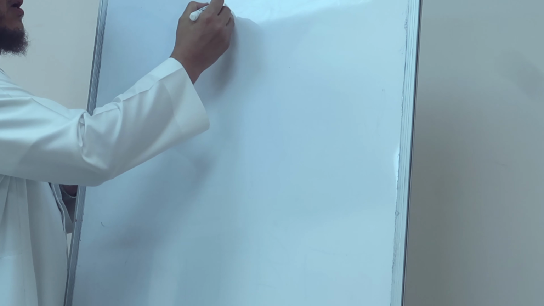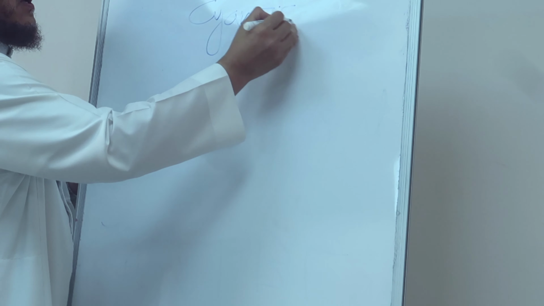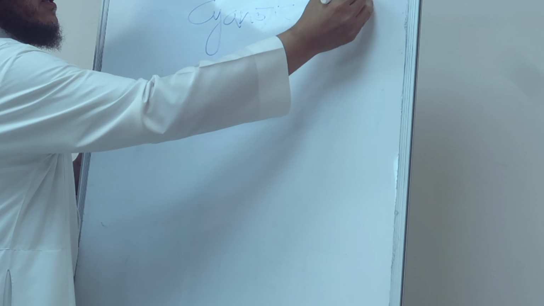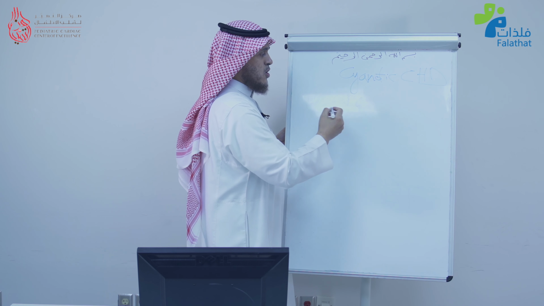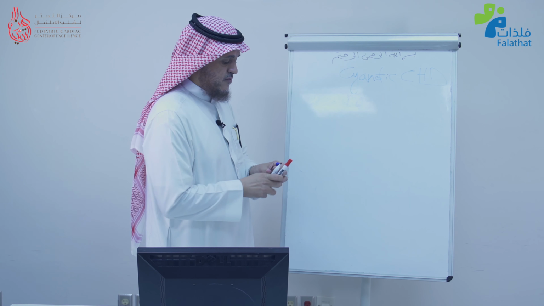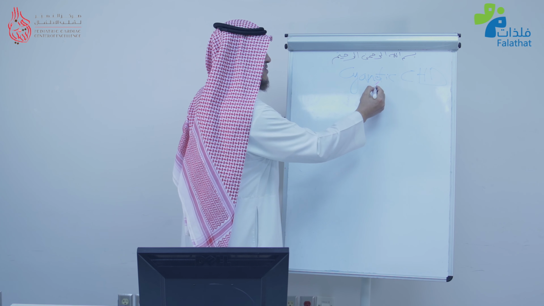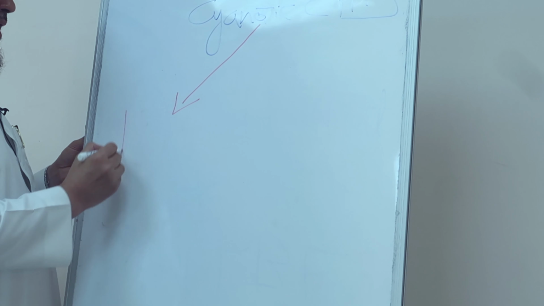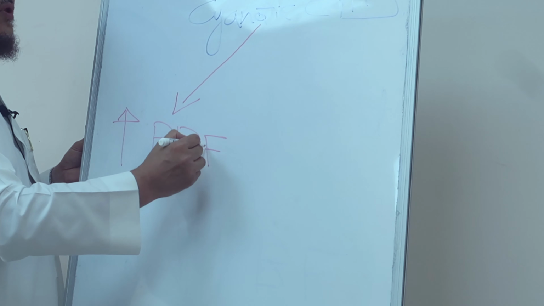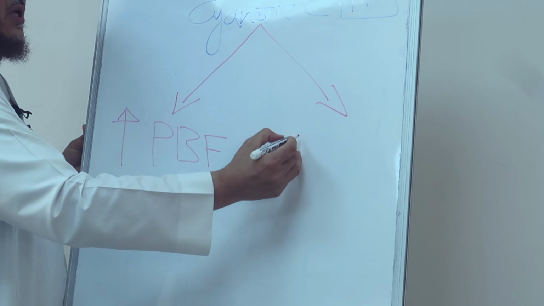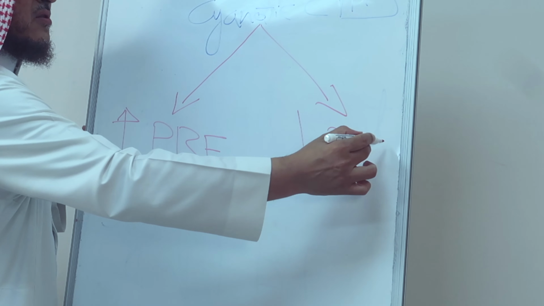So cyanotic congenital heart disease, CCHD, one of the best ways of dividing this disease is to ask: is this cyanotic congenital heart disease with increased pulmonary blood flow, or is it with decreased pulmonary blood flow?